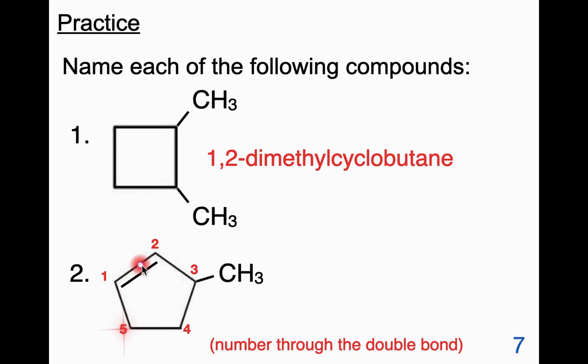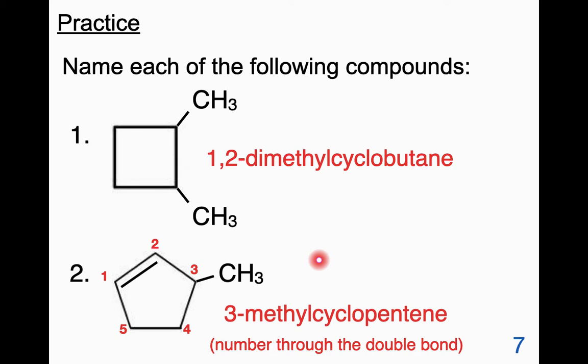So for this, we would number it clockwise, where this would be our carbon number 1, again, numbering through it. If we were to go counterclockwise, then this would be carbon number 1, 2, 3, 4, 5, and so our methyl would be on a higher number. So we would number it, in this case, clockwise. So the name of this would be 3-methyl cyclopentene.